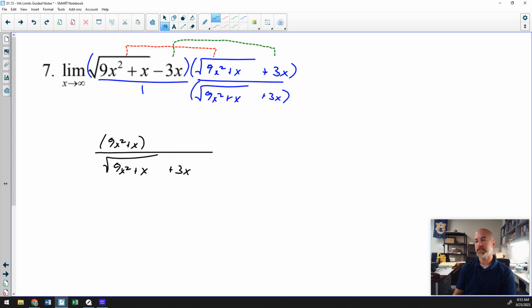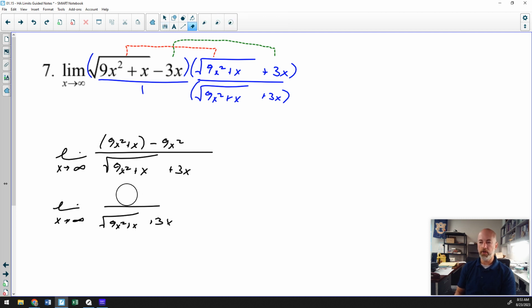Negative 3x times positive 3x is negative 9x squared. And if you look at that numerator, the 9x squareds cancel out, leaving me with just the x. The denominator is root 9x squared plus x plus 3x.